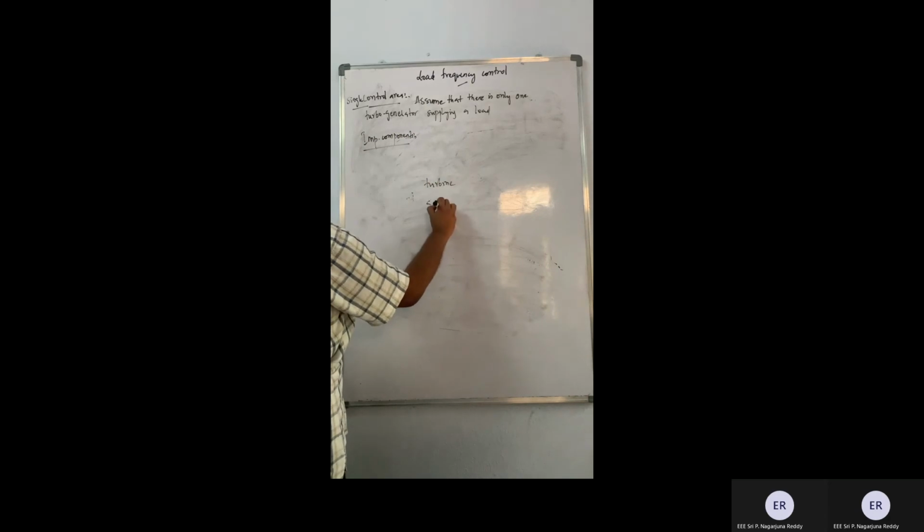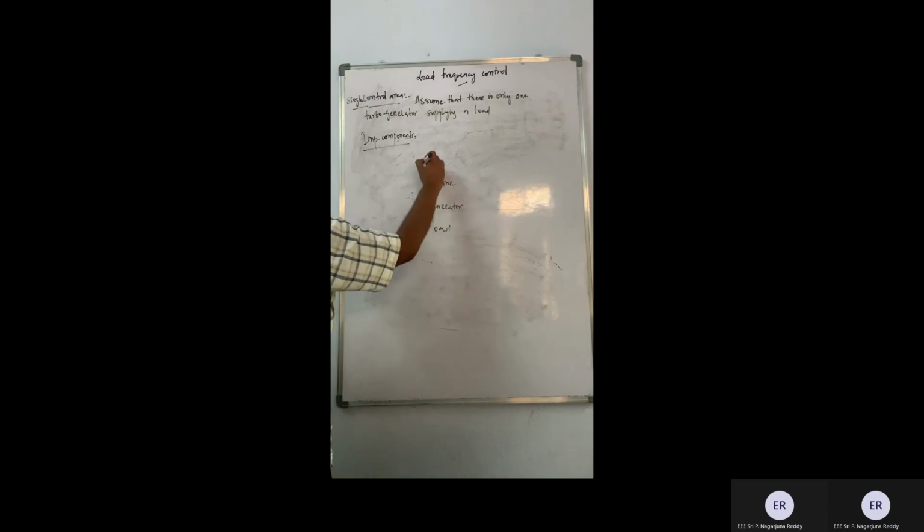So I am considering that there is only one generator which is supplying a load. So the important components are turbine, generator, load, and for this turbine there will be a speed.